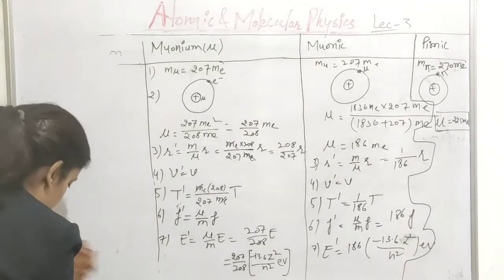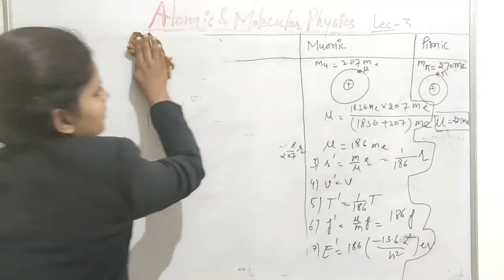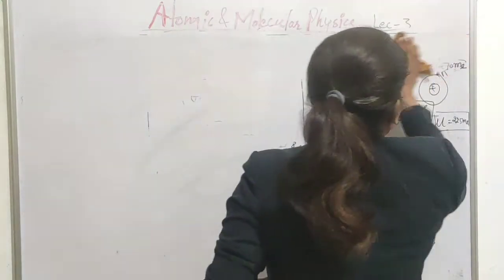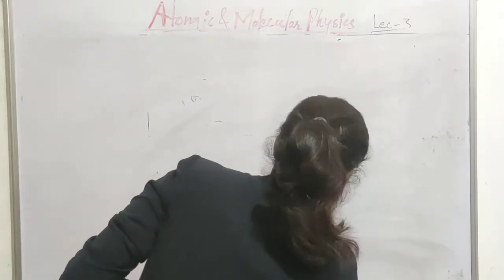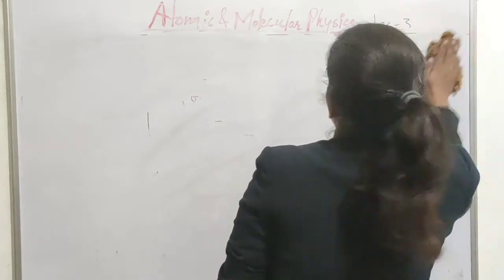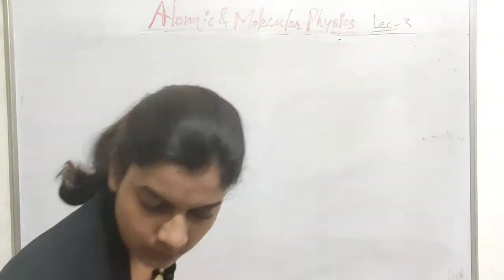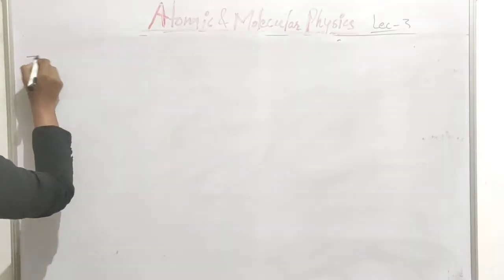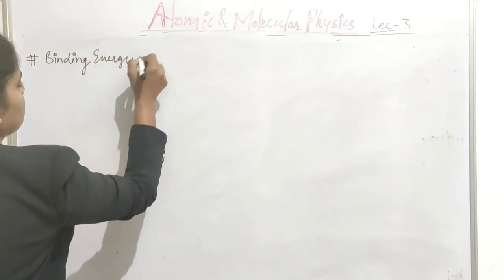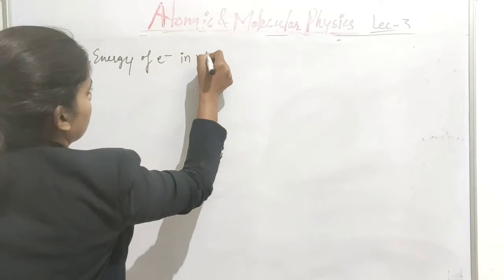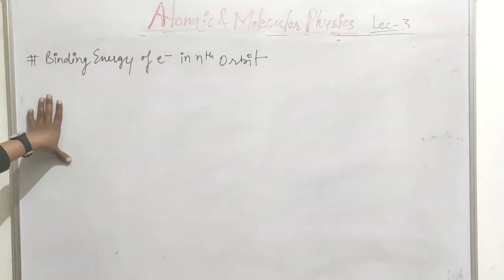Binding energy and ionization potential. Next we will see the binding energy of electron in nth orbit.